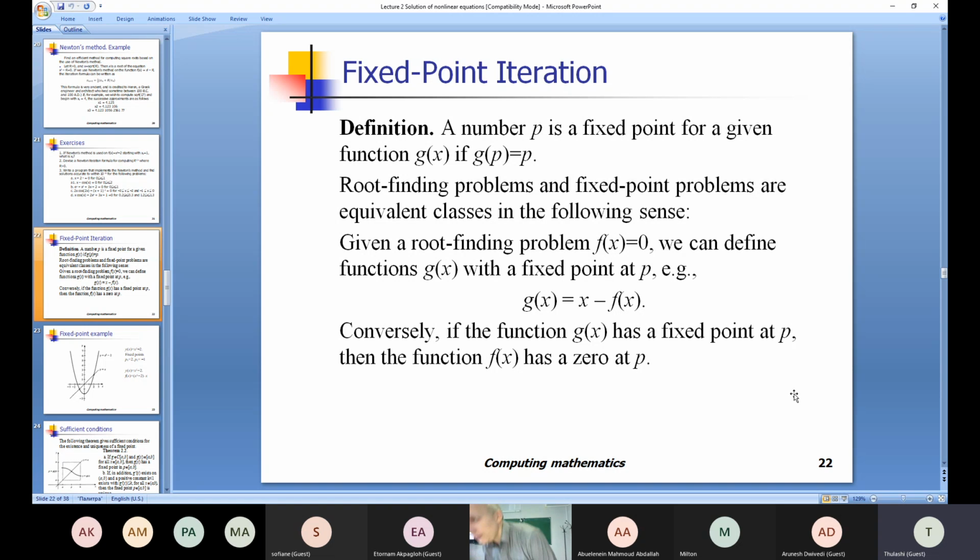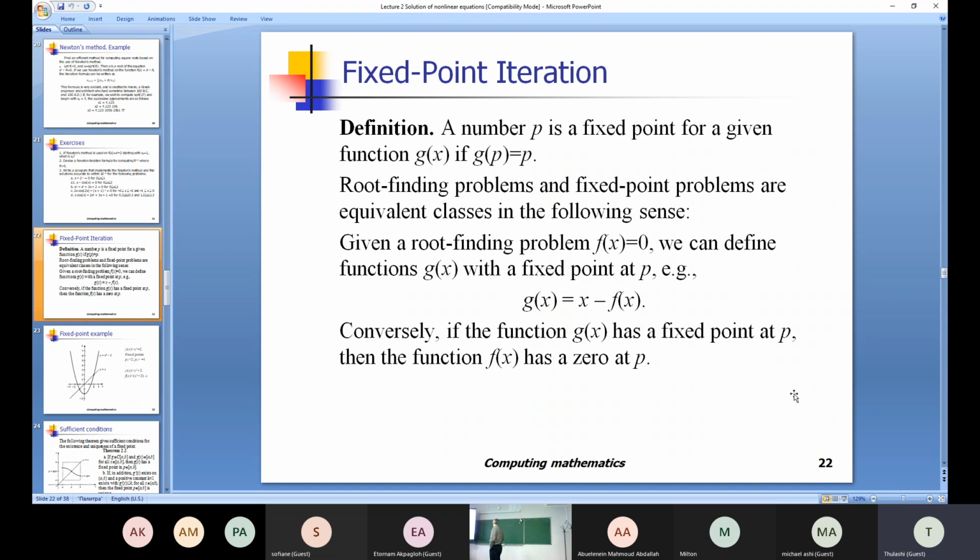Well, the definition of a fixed point is very simple. We have a function, and p is called a fixed point when g of p equals to p.